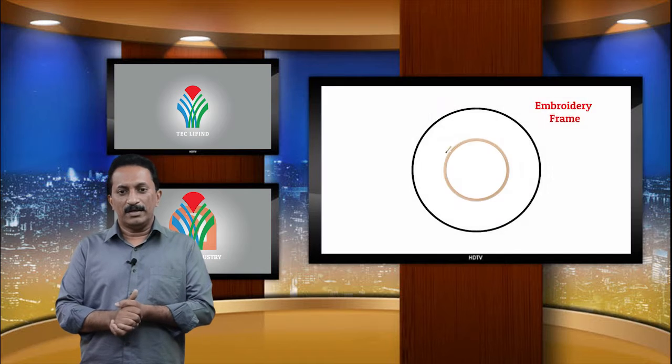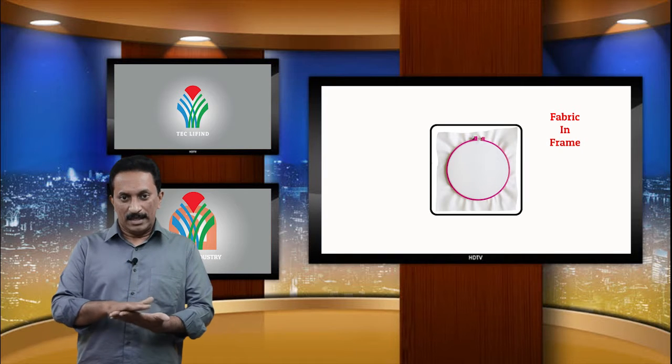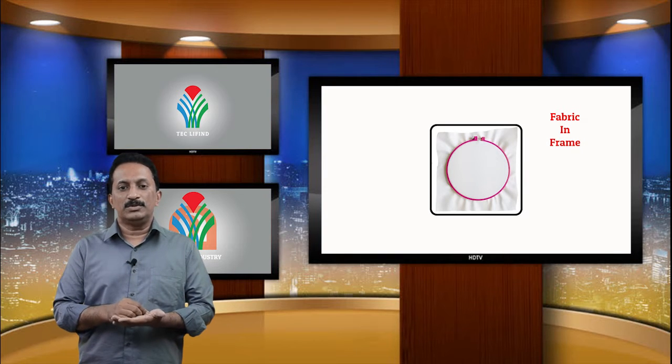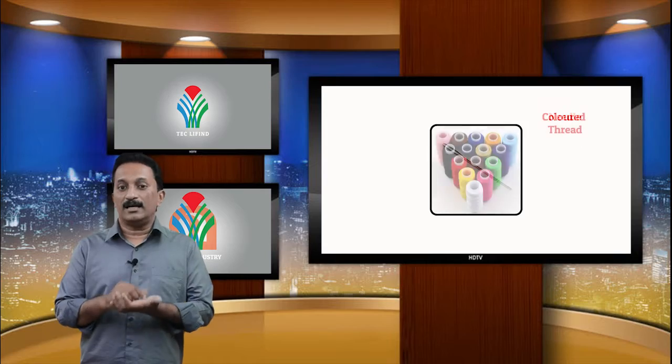How was embroidery done in earlier days? We will have a comparison of older days and new age embroidery machines. In earlier days, it used to be a manual system with a frame and fabric embedded on it, and we used to stitch it with a needle and a colored thread.